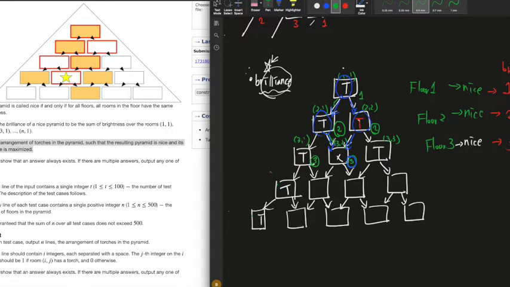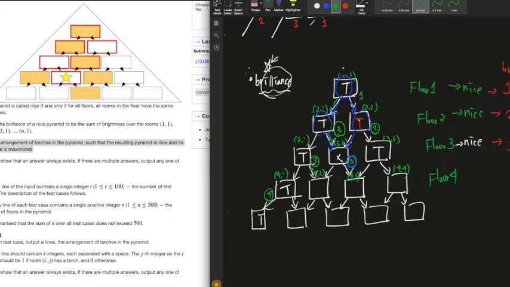And we'll think about floor 4. It's 4,1, 4,2, 4,3, 4,4. And the brightness for 4,1 is 4, right? Yeah.